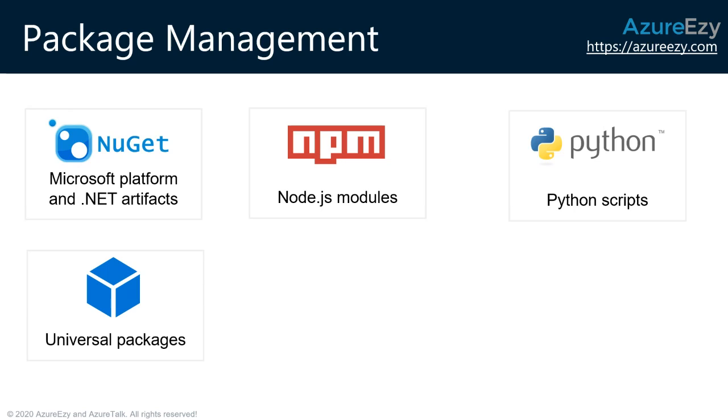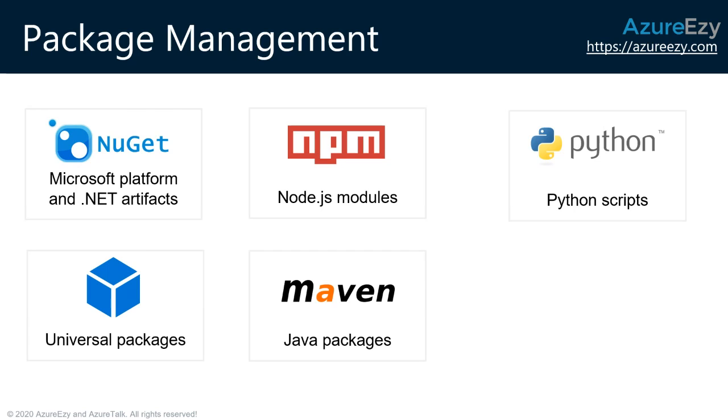Azure Artifacts gives you an option to host packages which are not yet defined, or which do not have a custom way of hosting, like NuGet has for .NET, like npm has for Node, like PIP and the Python repositories have for Python packages. If you have a custom package that you have developed, you can host it as a universal package in Azure Artifacts. That is the option that you have, other than these different package systems.